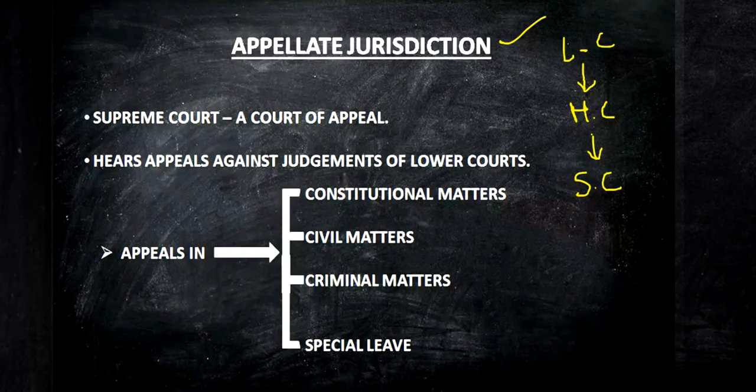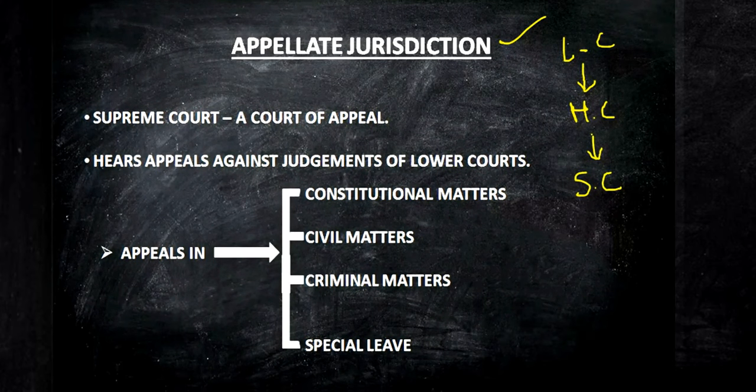But there is a particular process. There are some cases in which particular procedures are mentioned, that is, how a person can appeal regarding a case in Supreme Court. Now, hearing appeals against the judgments of lower court is the basic function of Supreme Court. But these appeals are made in different conditions, and those conditions are classified into different matters.